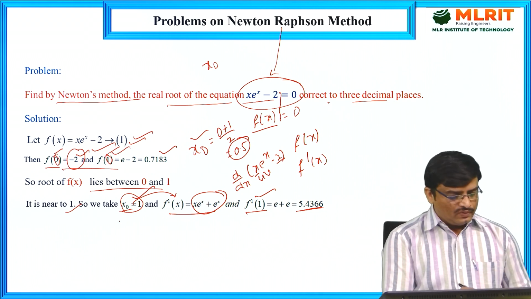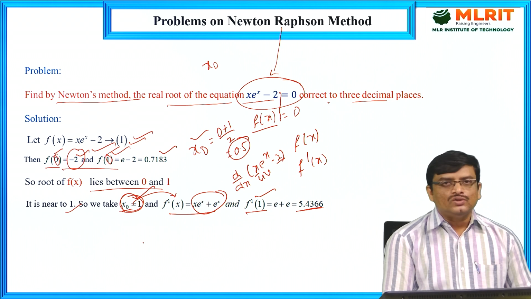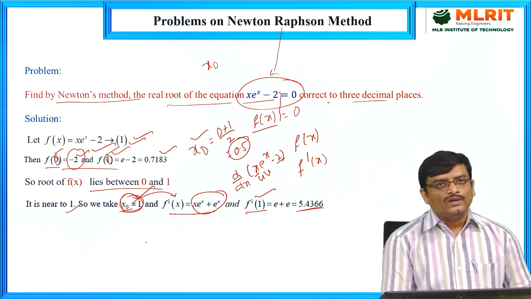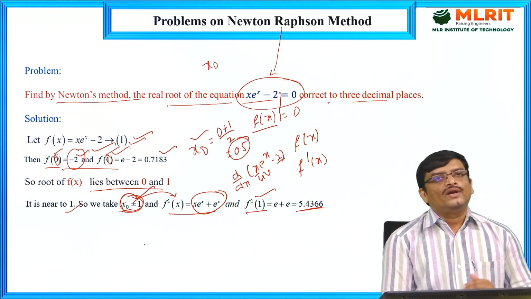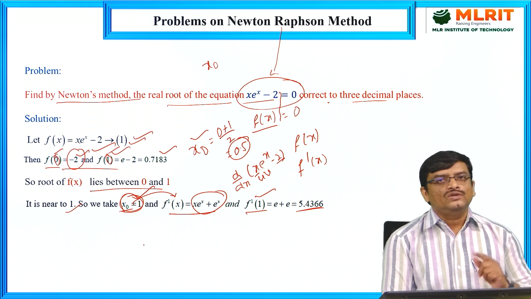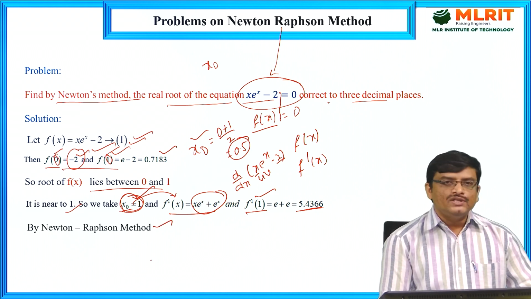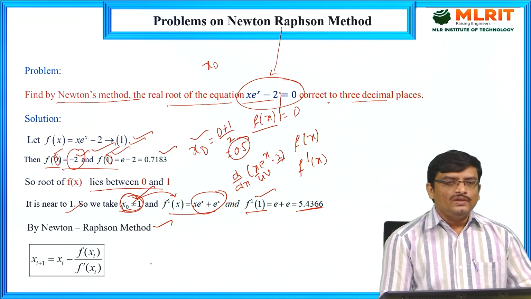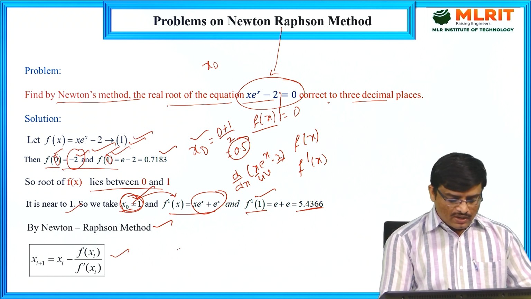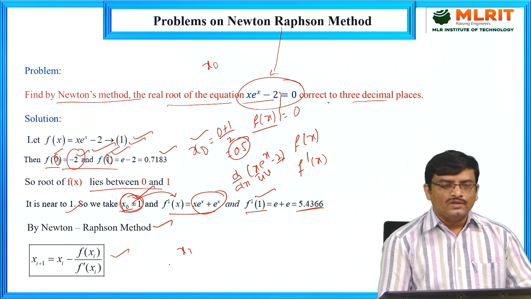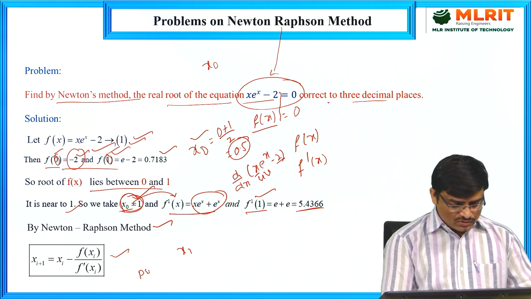Now we have considered x0 is equal to 1. Now we are ready to find out the first approximation using this Newton-Raphson method. So already this is our Newton-Raphson general formula. Now I want to get the value of x1 here. So put i is equal to 0.